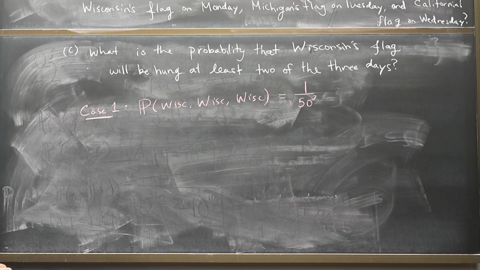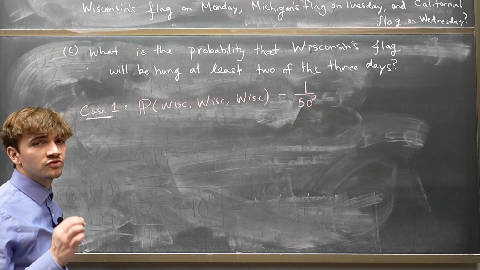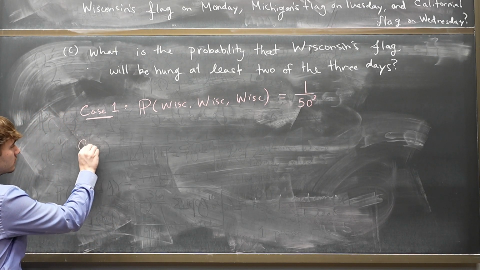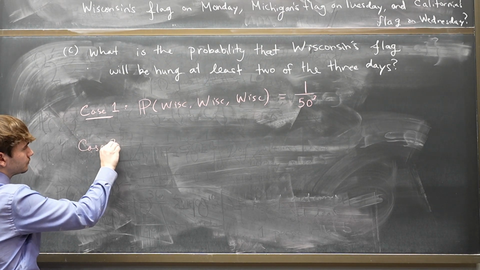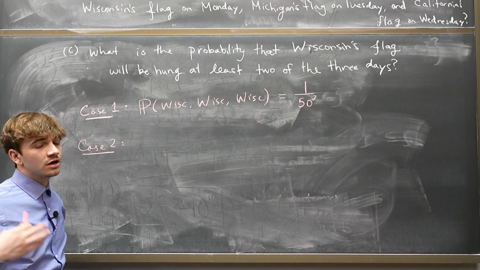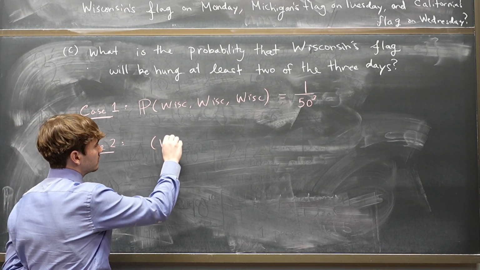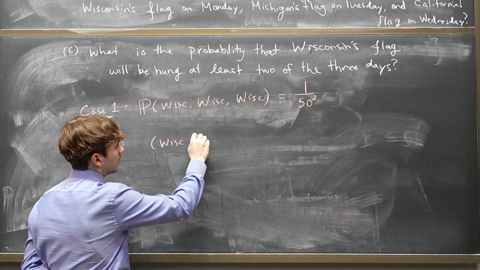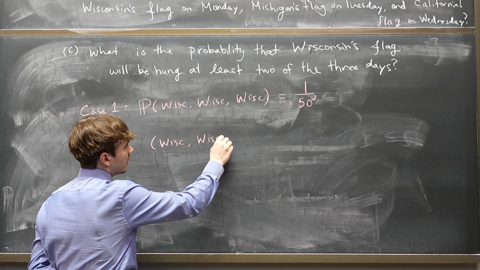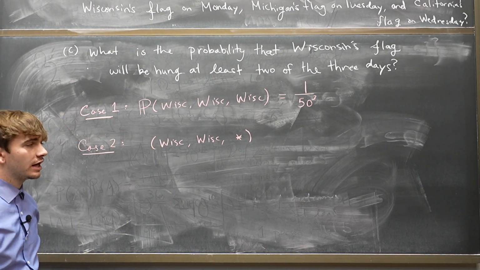Now, let's look at the other possibility, which is that Wisconsin's flag is hung on 2 of the 3 days. So case 2 is going to be if Wisconsin is hung on 2 of the 3 days, and so this is going to look like Wisconsin being hung on Monday and Tuesday, and then it doesn't matter what the third flag is.